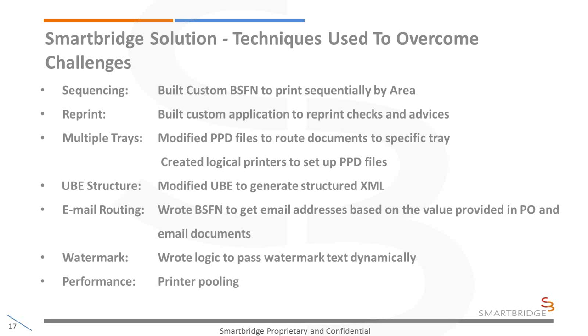To improve the performance, we maximized the printer throughput by pooling multiple printers. We used the Microsoft Windows printer pooling feature, and we defined a single printer with multiple IP ports that route to multiple printers. So when BI Publisher routes finished documents to the printer, this feature takes care of distributing the reports to multiple printers equally.